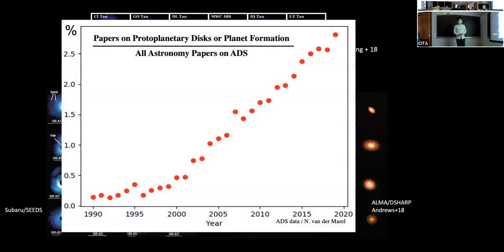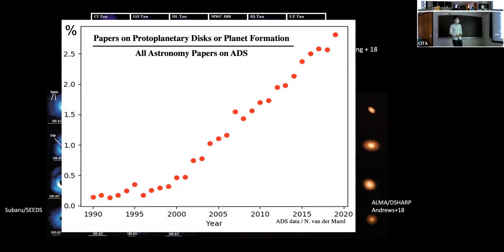Our previous Benting fellow, Nienke van der Marel, made this very interesting plot. It shows the fraction of papers on protoplanetary disks and planet formation among all ADS astronomy papers as a function of time in the past 30 years. Before 2000, the number was hovering at a low level, a fraction of a percent.